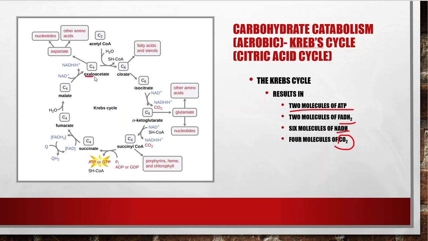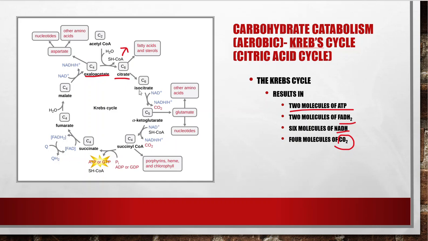This is a 4-carbon compound called oxaloacetate. So we add water, which, right, hydrolysis. We actually, the coenzyme A goes away, leaves that. So then we've got a 6-carbon molecule called citrate.